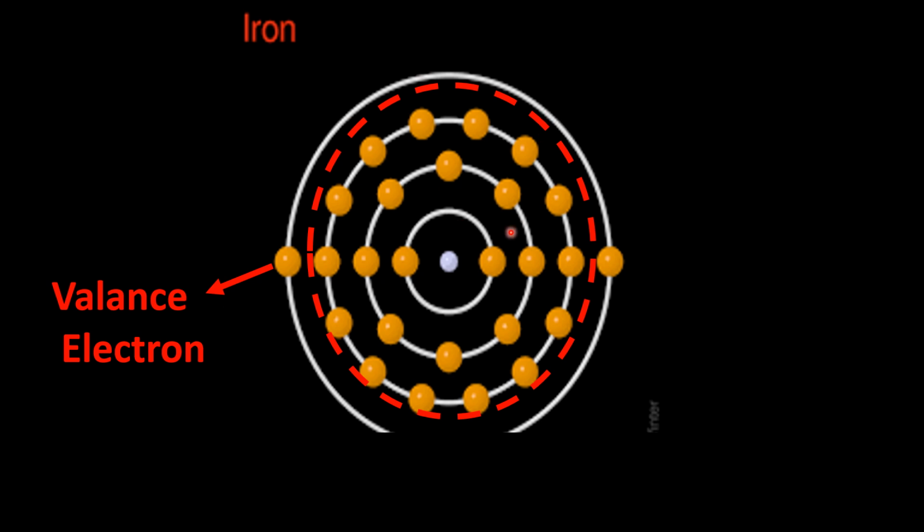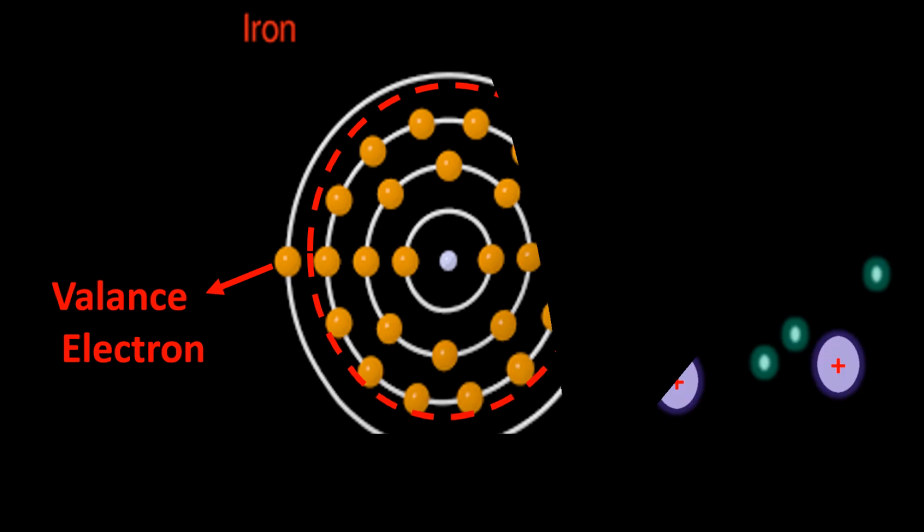The core electrons cannot take part in the process of bonding because these electrons are tightly bound to the nucleus. So these core electrons along with the nucleus make positive ion cores, while valence electrons are free to take part in the process of bonding.